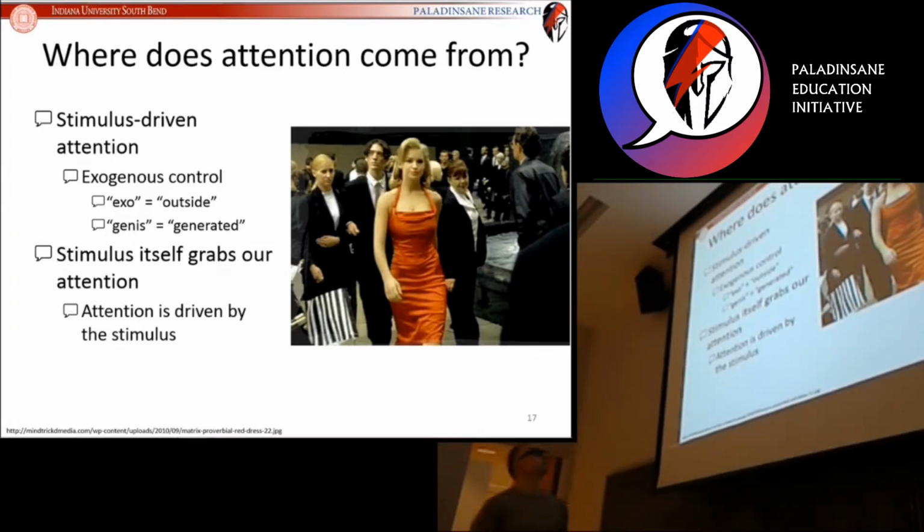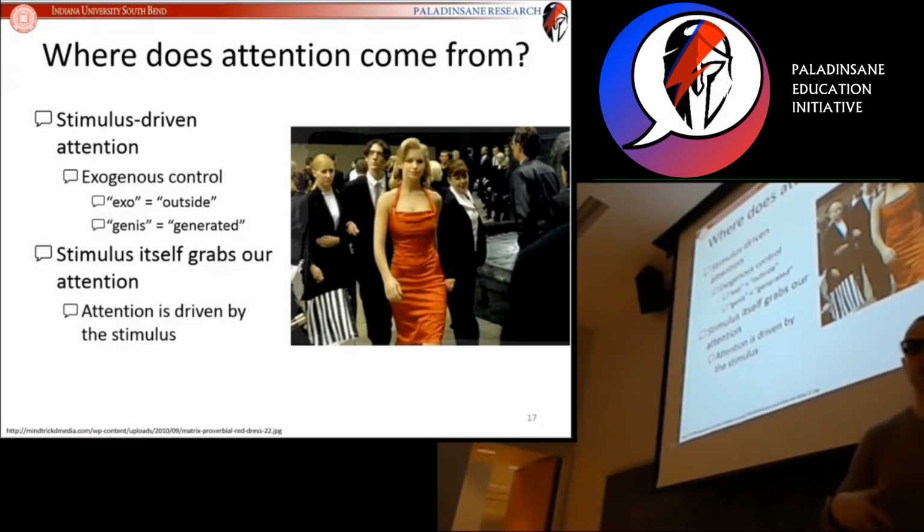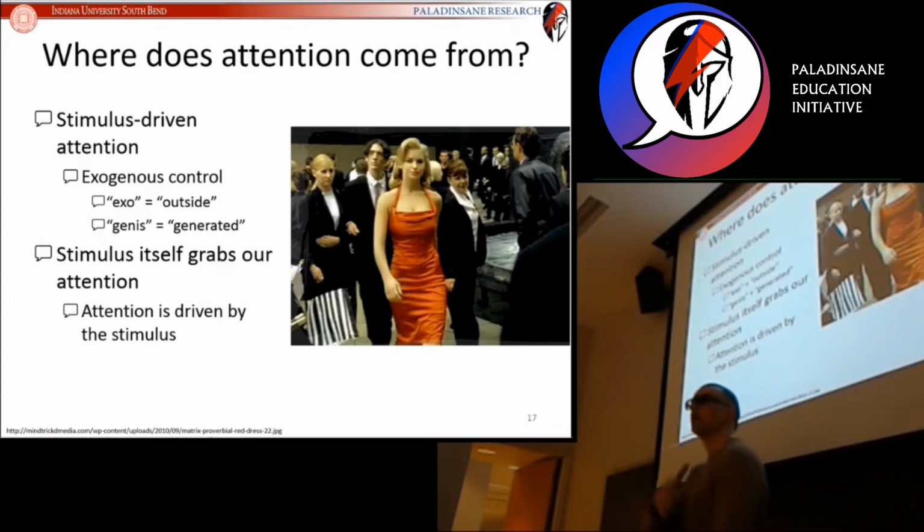One of them is called stimulus-driven attention, also known as exogenous control, exo for outside, genus for generated. So this is control of your attention that is generated from the outside.